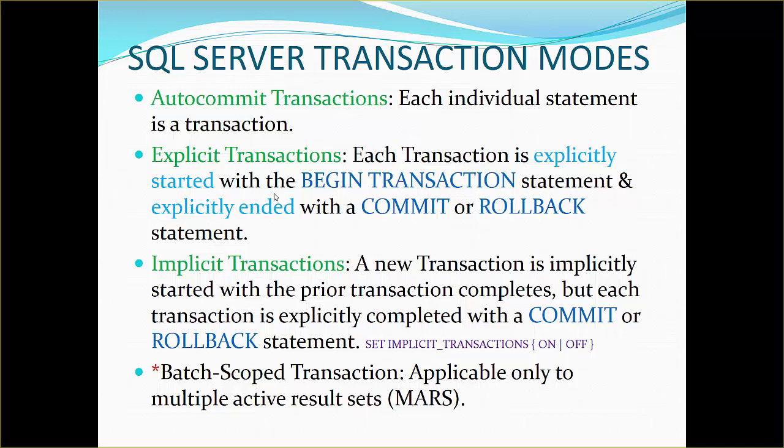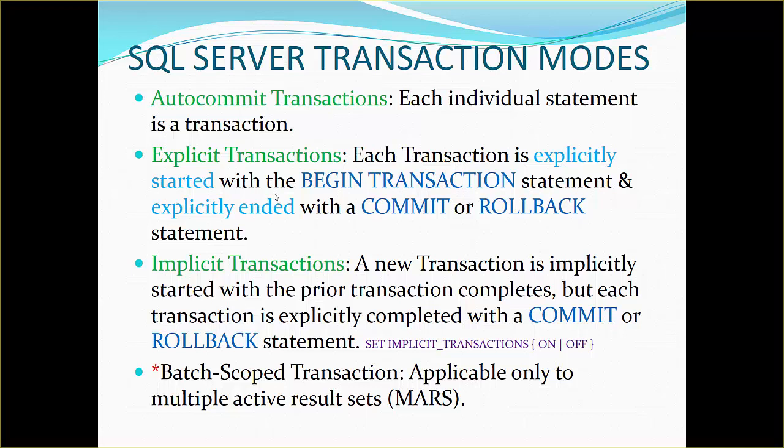Now you come to the explicit transaction, where you have a begin transaction that you see. You have either written it, or somebody that wrote the program that you are trying to modify wrote that begin transaction. Either way, you would see a begin transaction. That makes it an explicit transaction.